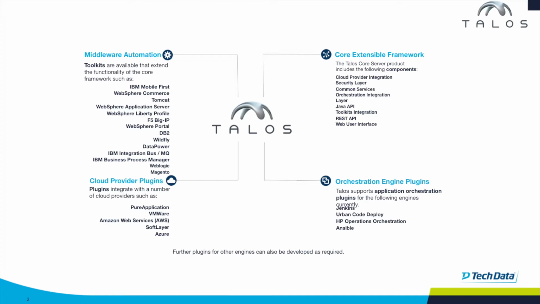And so to that end, we've got integrations with Urban Code, HP Operations Orchestration, Jenkins, and Ansible. Today I'll be showing a demonstration with Jenkins. Of course, I'll be happy to give any sort of demo that might be requested on Urban Code or any of the orchestration engines we work with.